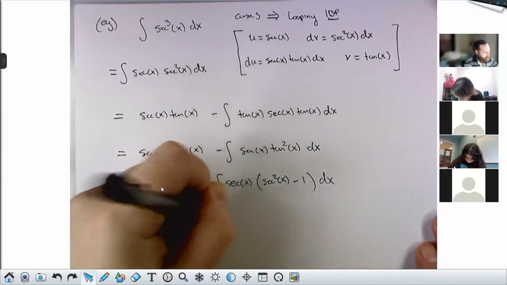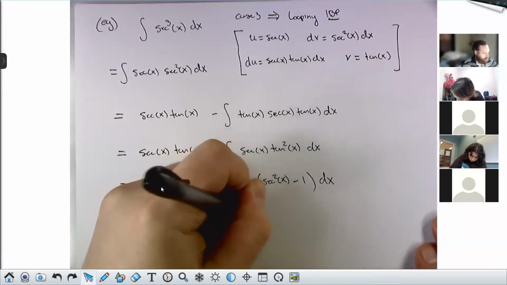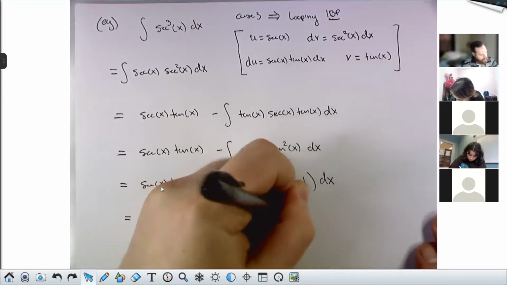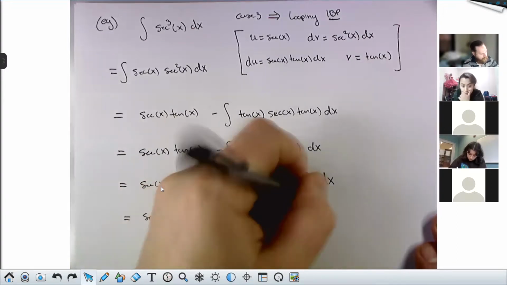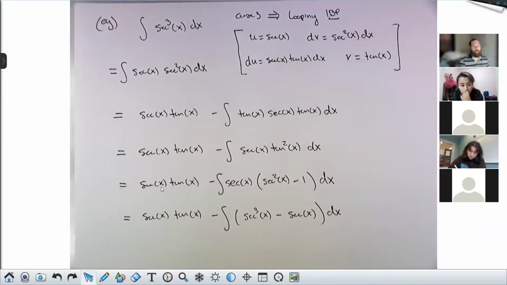This is more writing than you need to do, but people always lose a negative sign when I don't show this, so. So I get minus the integral of secant cubed x minus secant x.